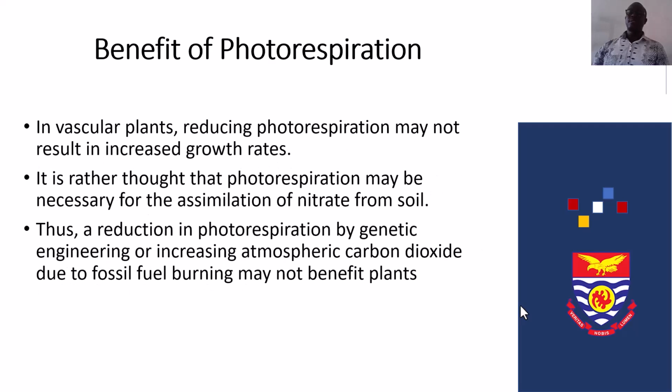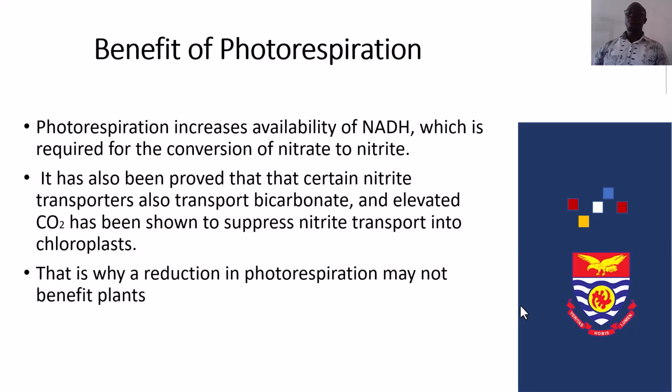In vascular plants, reducing photorespiration may not result in increased growth rates. It is rather thought that photorespiration may be necessary for the assimilation of nitrate from soil. Thus, a reduction in photorespiration by genetic engineering, or increasing atmospheric carbon dioxide due to fossil fuel burning, may not benefit plants.